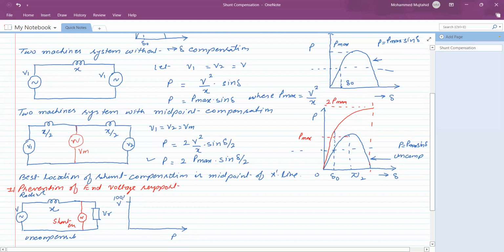It is in the form of rated voltage, and here say it is 100%. It is say 50% of the power.